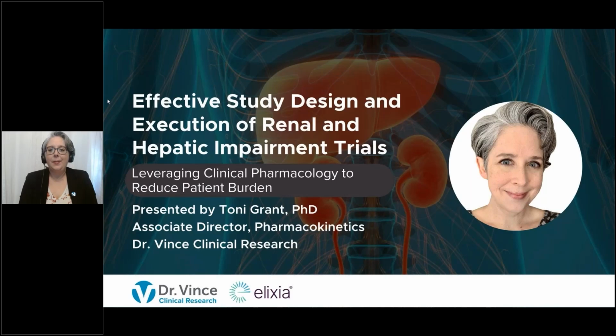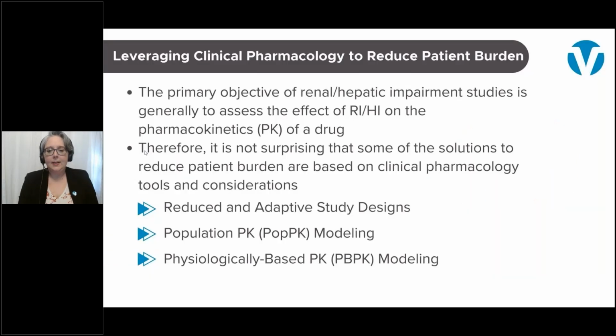Thank you, Ryan. We've heard from the rest of the speakers about the various strategies to reduce patient burden and increase enrollment. I'll be talking about leveraging clinical pharmacology to reduce patient burden. Next slide.